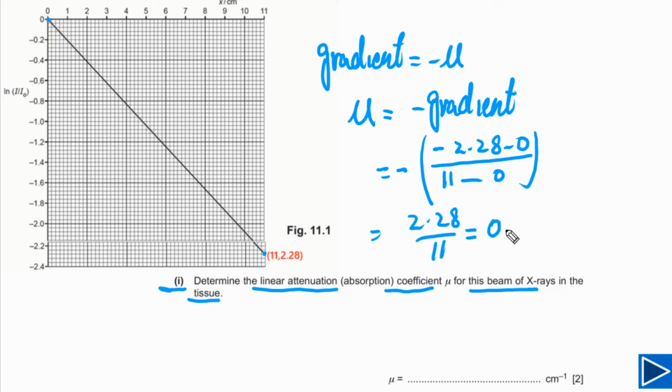So our final answer is going to be 0.207 per centimeters, because 11 has unit in centimeters. We can write this up to 2 SF, so the answer will be 0.21 per centimeter.